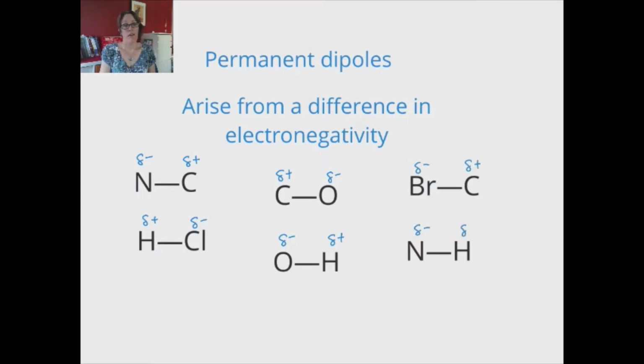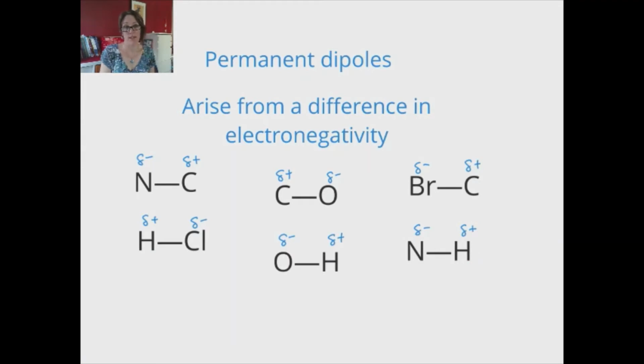However, there is a little bit of a cheat. Most of the things that we're going to be looking at are organic molecules containing carbon and hydrogen. Just so happens that carbon and hydrogen are the least electronegative of the elements that form covalent bonds commonly. So if you look at my carbons, they are all delta positive, and if you look at the hydrogens, they are all delta positive.